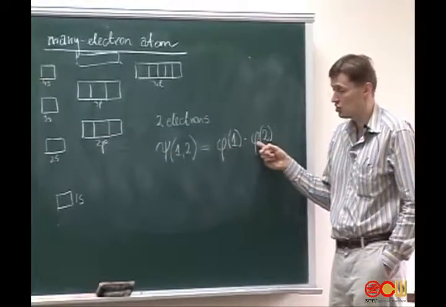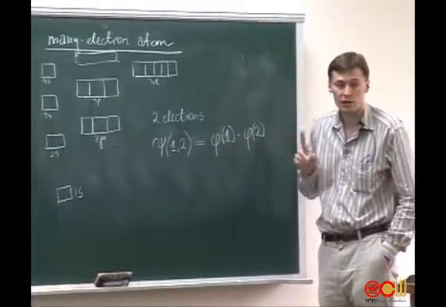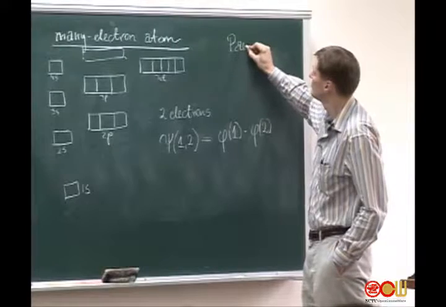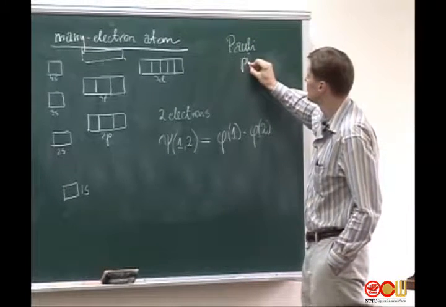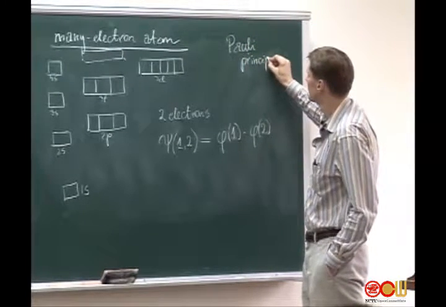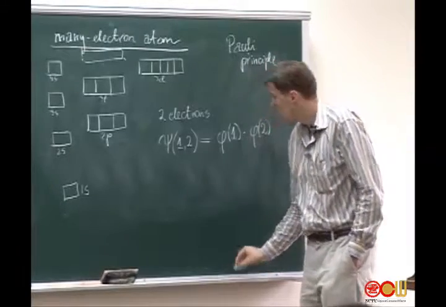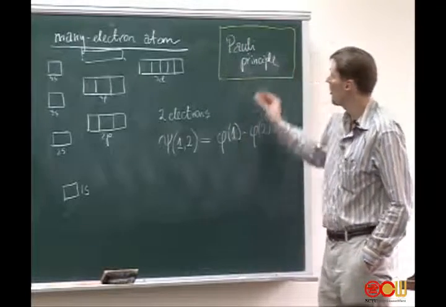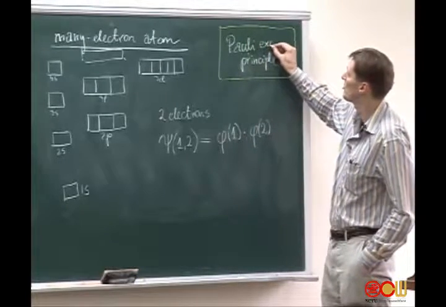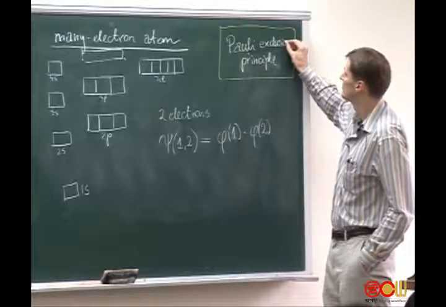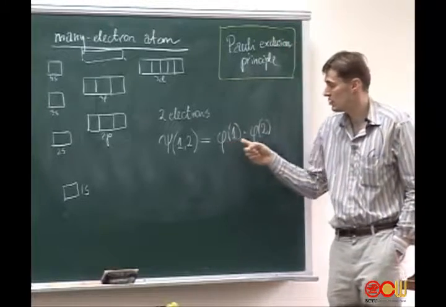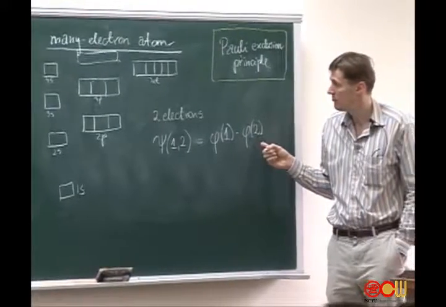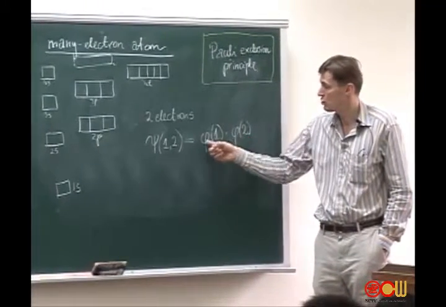Now this and this don't have to be the same. Or even, there is the Pauli principle, sometimes called the Pauli exclusion principle, saying that these two cannot be the same. So these two must be different.